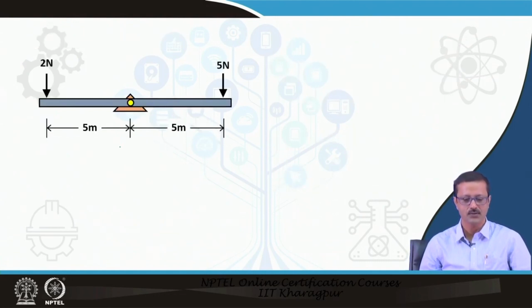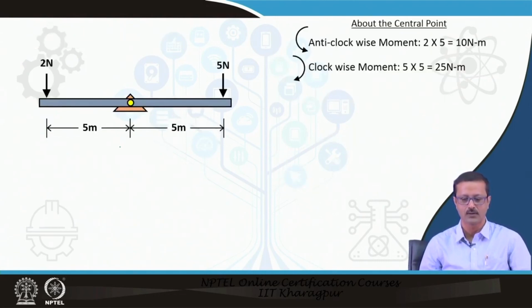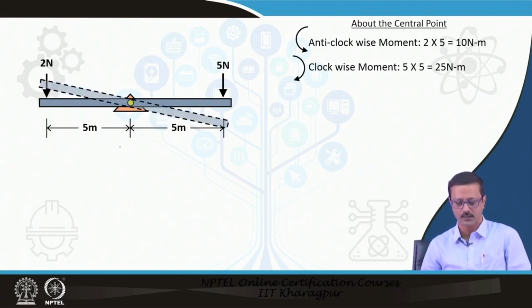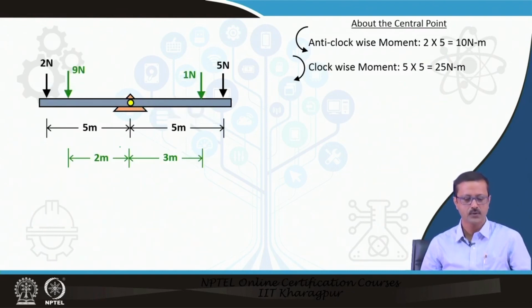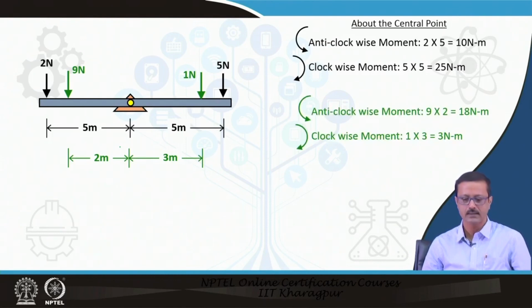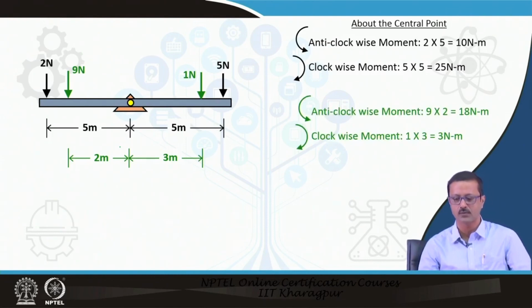If I have this 2 and 5, the clockwise and anti-clockwise moments are something like this. One side it is 2 into 5, which is 10, and the other side is 5 into 5, which is 25. So it will move like this. But if I put 9 and 1 kilonewton loads at distances of 2 meters and 3 meters respectively, I get this green anti-clockwise moment and the clockwise moment as 9 into 2, which is 18, and 1 into 3, which is 3.